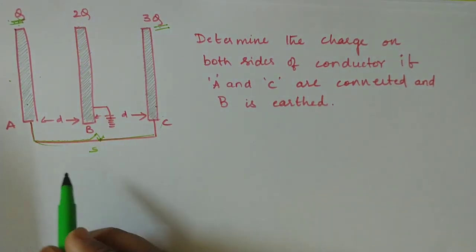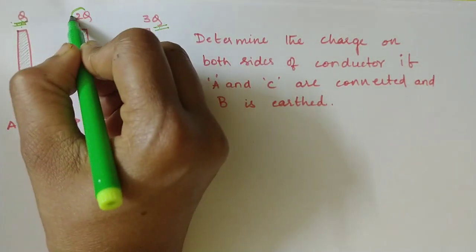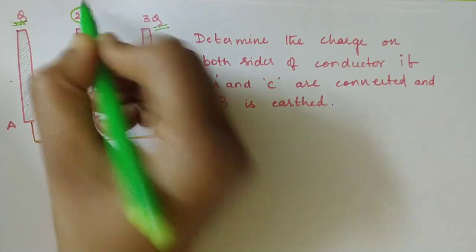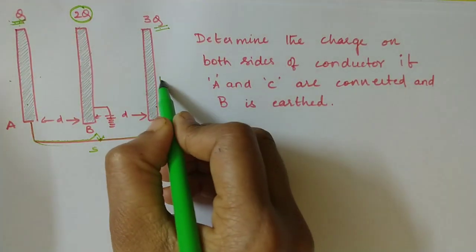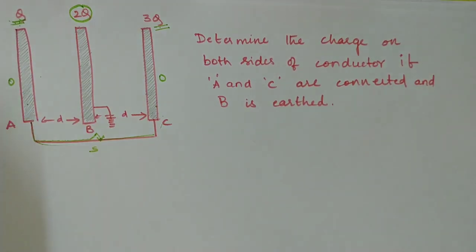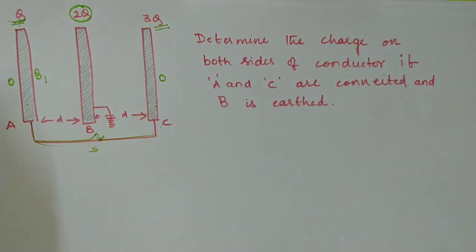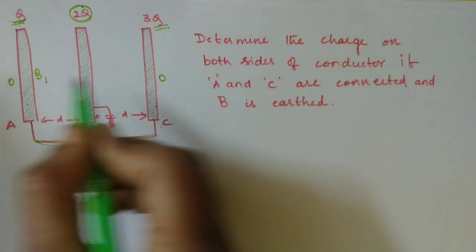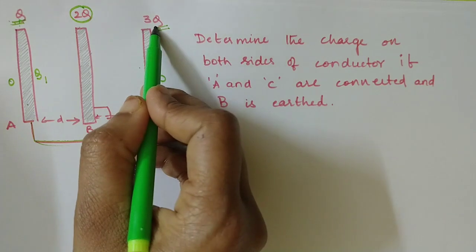Okay, so continuing with that, let us assume the charge. First circle the charge which is on the earthed conductor. This would be 0. And step 2, these two will become 0. Let the charge here be Q1. If this is Q1, what should be the charge on this side? Because the sum should be 4Q.